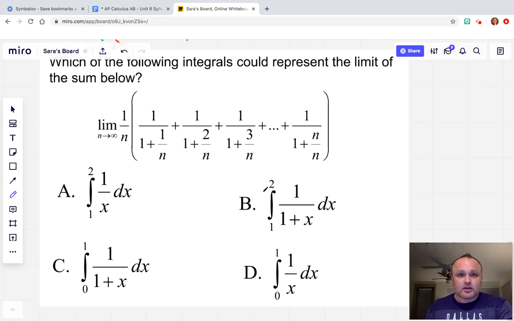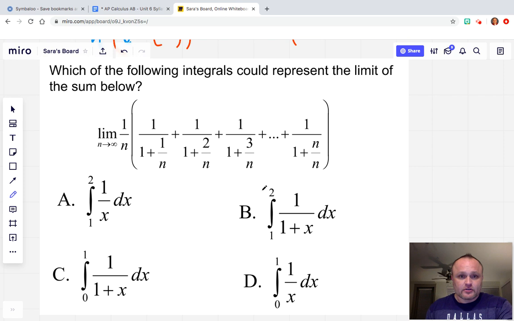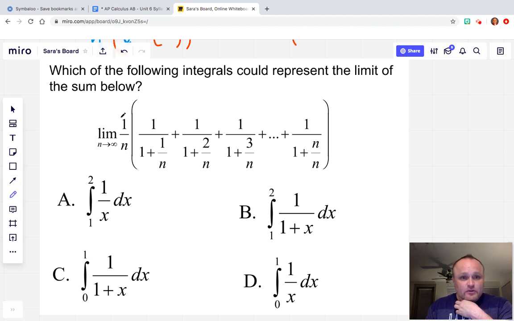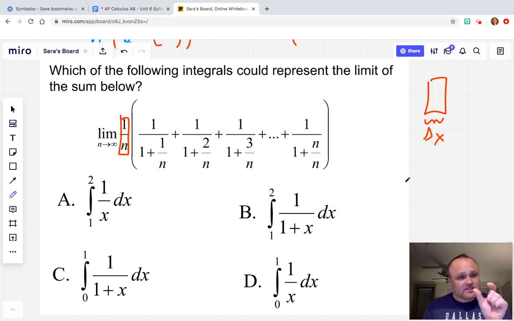Let's keep looking at others so you can see the pattern a little clearer. So again, this little 1 over n smidget is going to tell you the width, aka how wide is each of these rectangles. The delta x, that's the delta x, the width. We know that the equation is b minus a over n.